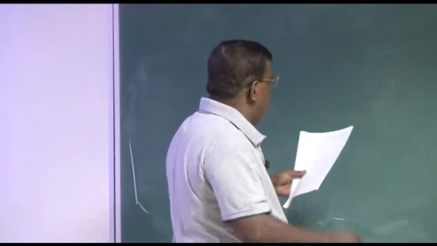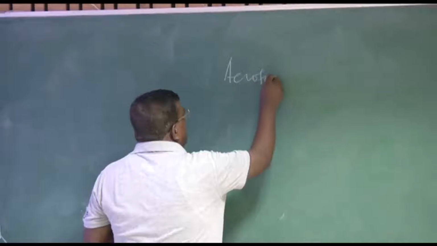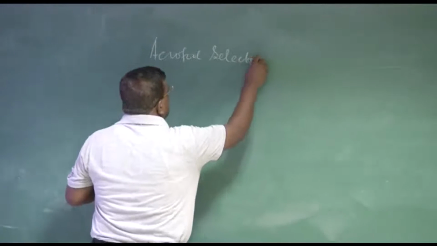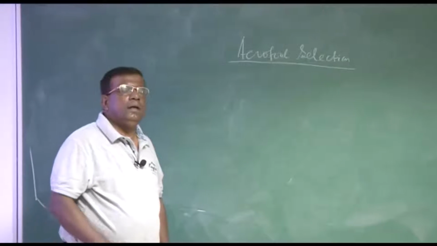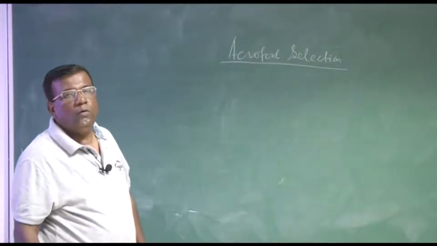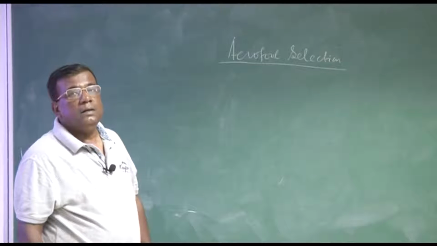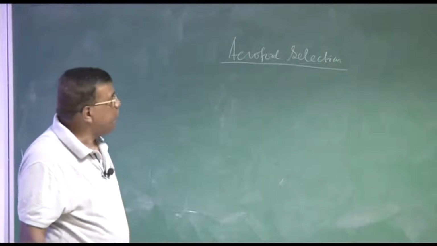What we are doing is airfoil or aerofoil selection, and we are preparing ourselves, whether we know at core level what is an aerofoil, what are its characteristics, what are its parameters which decide the desired characteristics.